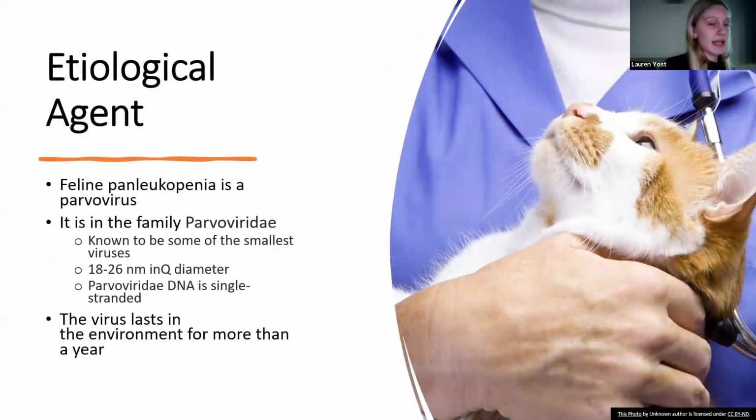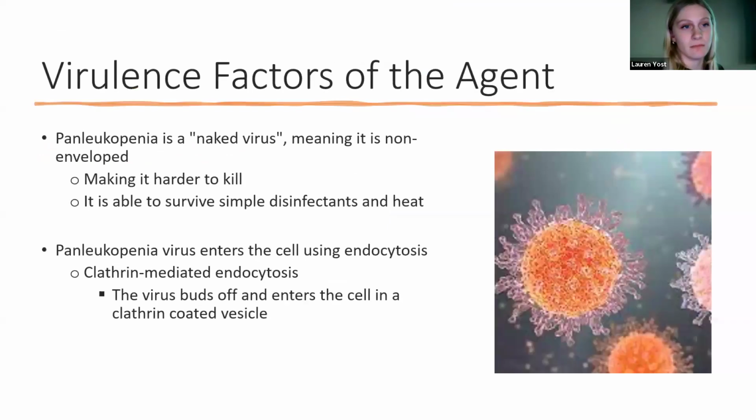So the etiological agent, feline panleukopenia, is a parvovirus and is in the family Parvoviridae. These are known to be some of the smallest viruses with a diameter of 18 to 26 nanometers. And the virus can last in the environment for a very long time. Panleukopenia is a naked virus, meaning that it is non-enveloped.